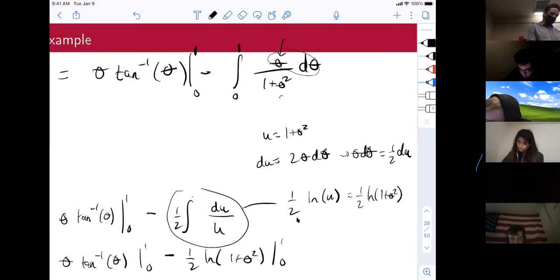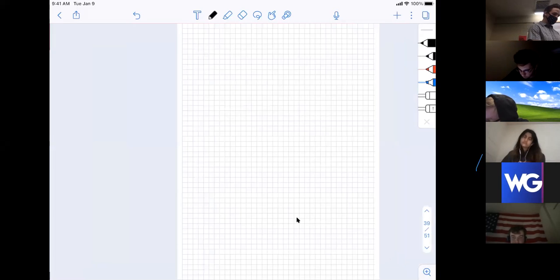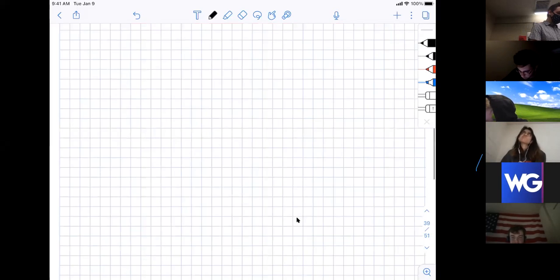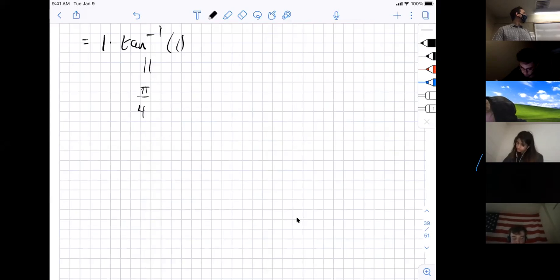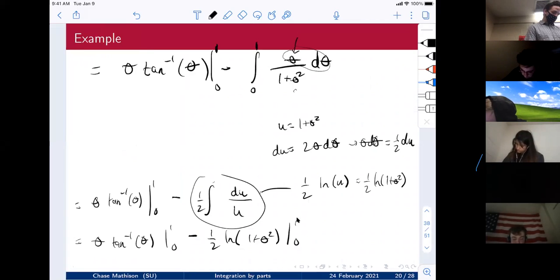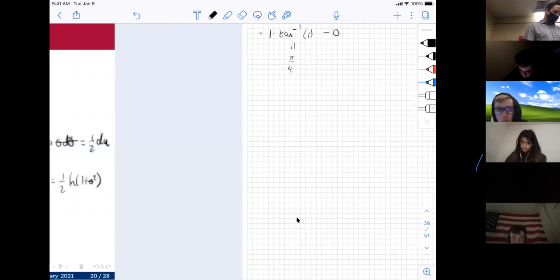So who knows the arc tangent of 1? Perfect, pi over 4. Yes, this is 1 times the arc tangent of 1, and the arc tangent of 1 is pi over 4, right? So when I plug in 1 there, minus when I plug in 0, I'm going to get 0 times the arc tangent of 0, which gives me 0.